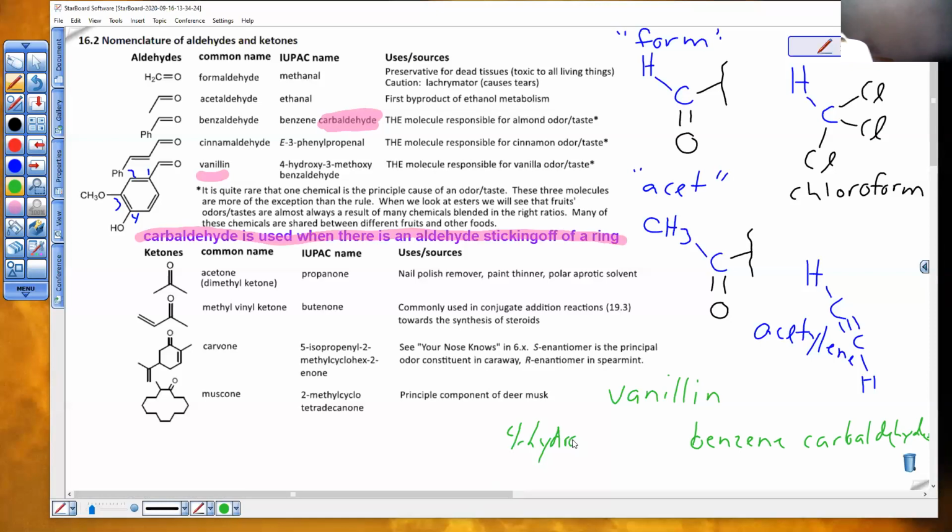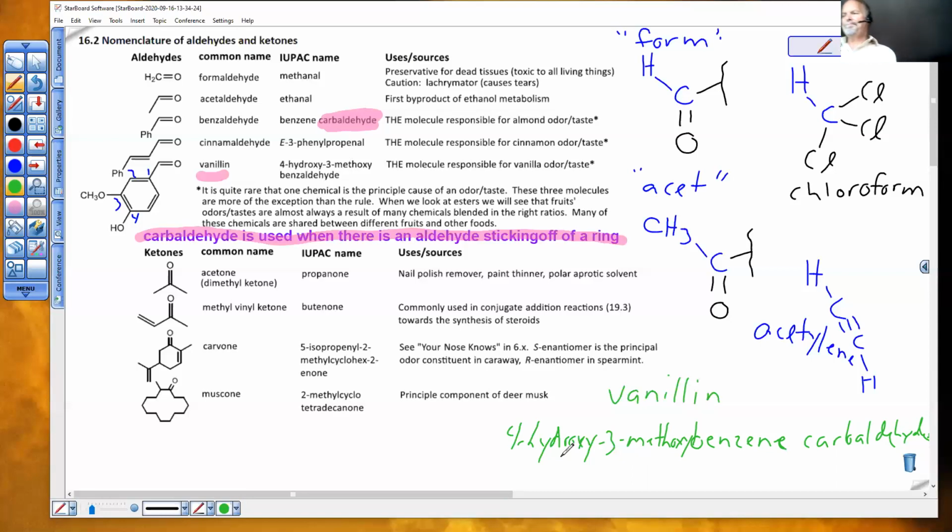And hydroxy. That's an RO. Not very good looking, but hydroxy, 3-methoxy. Oh boy. Benzene carbaldehyde. You say that to a chemist and he's going to have to think a bit. And he says, don't you mean vanillin? Or don't you mean 4-hydroxy 3-methoxy benzaldehyde? This is just awkward, but perfectly acceptable.